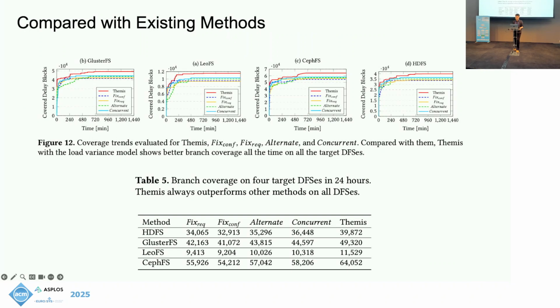We also compared our method with the state-of-the-art methods for two-dimension input generation testing, including fixed one-input generation testing and concurrently generating two-dimension testing inputs. The results show that our tool Themis always outperforms the others on the 4 target distributed file systems.